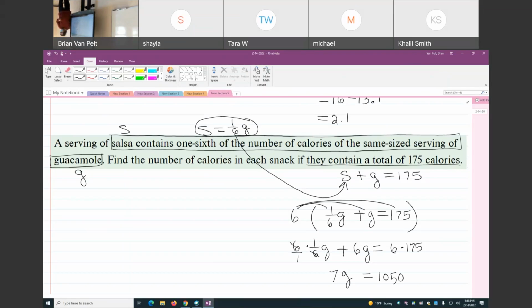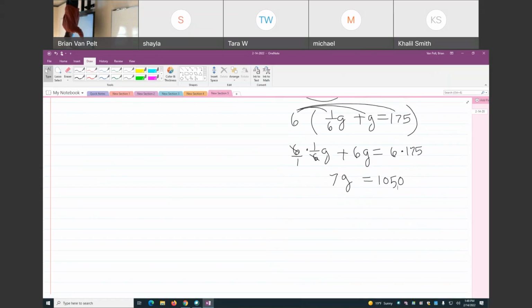Am I correct? What would you do now? Divide both sides by 7. $150.